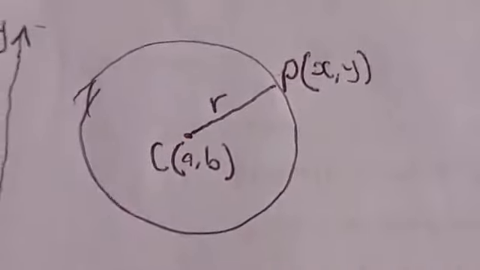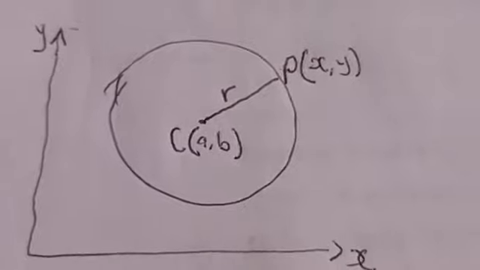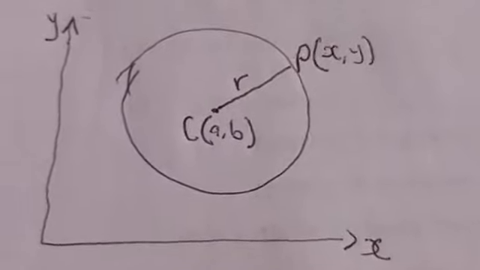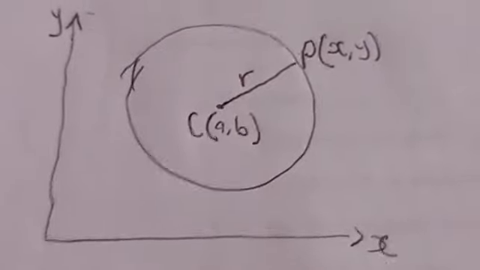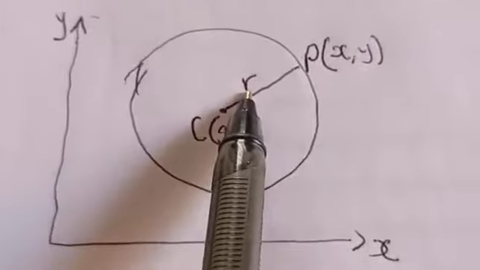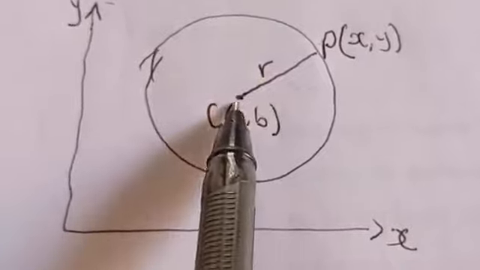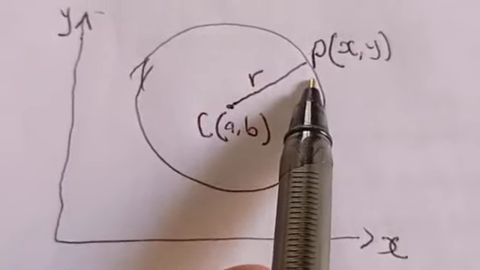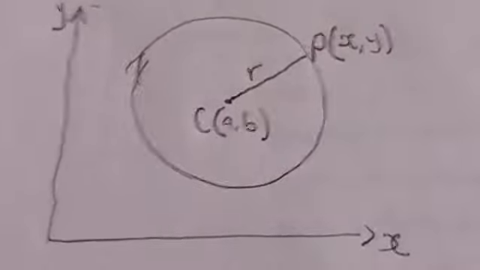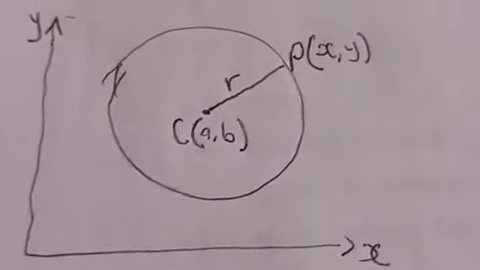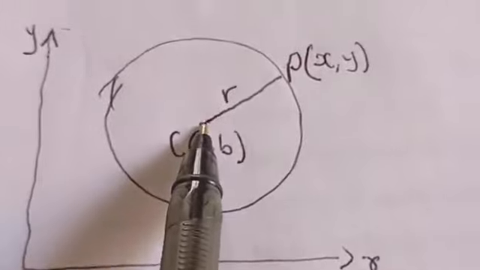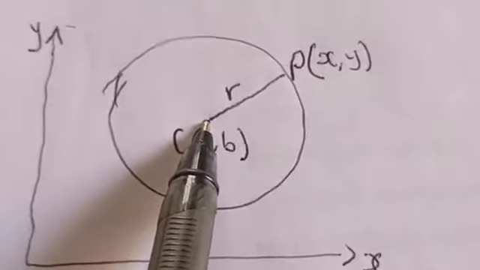Right? So if this is what we have, for us to determine the radius, which is equivalent to line CP, remember from our previous topic where we were looking at distances between 2 points. This is a point serving as the center of this circle.